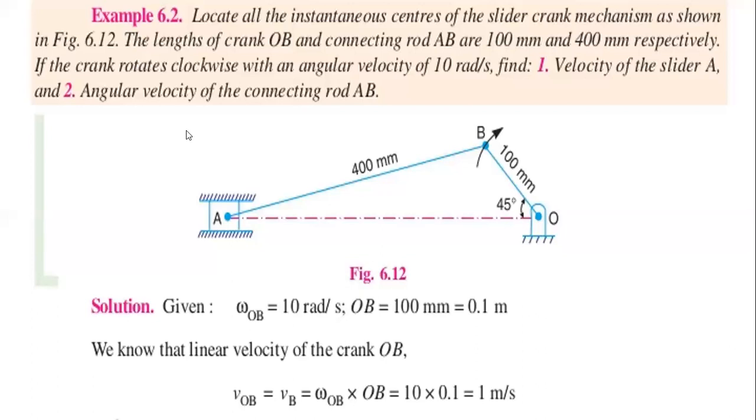Then we are going to find the linear velocity of the crank OB. The velocity of B with respect to O is the angular velocity of OB into the length of the OB line.